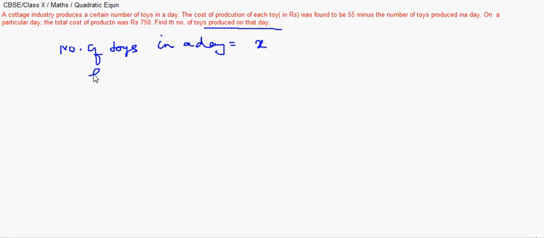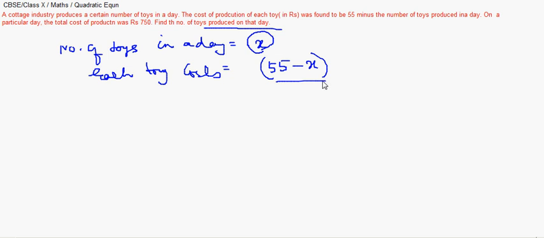So if in each day x number of toys are produced and each costs this, then the total cost of production is x multiplied by the cost of each toy. So it's number of toys multiplied by cost of each toy gives you 750.